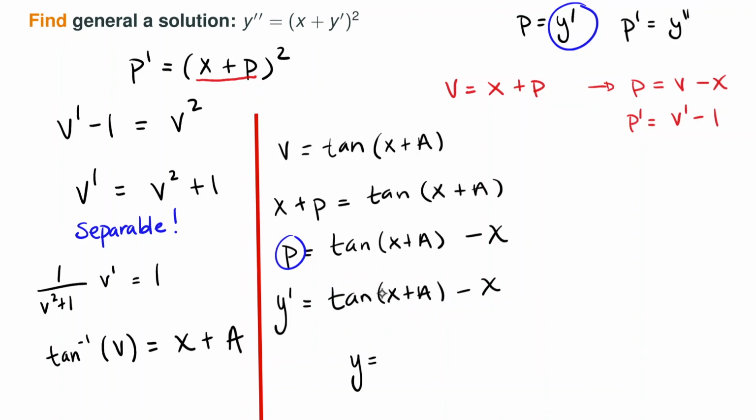So the integral of tangent is natural log, the absolute value of secant, of our x plus a. So we have natural log absolute value secant of x plus a minus 1/2 x squared. Since we integrated again, we have our second constant plus constant b.